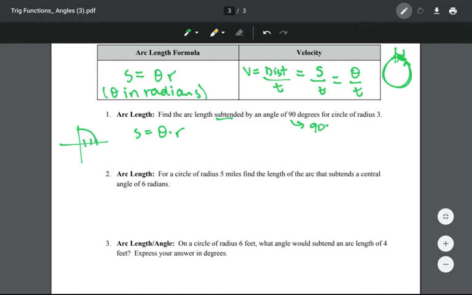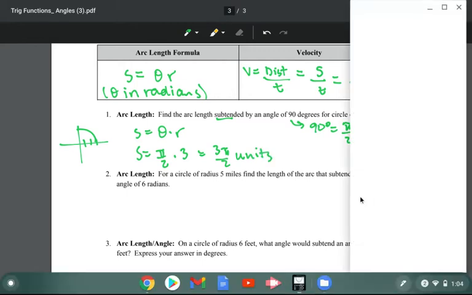So 90 degrees is equal to pi halves radians. So I'm going to write this as pi halves times 3. So this is going to equal 3 pi halves. And this is whatever units the radius is in. This is not radians. I can use my calculator to get an approximation here.